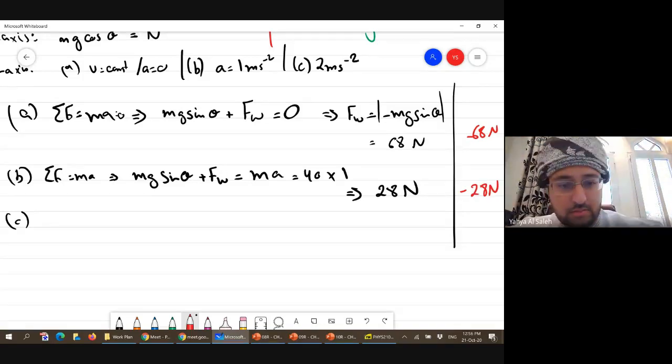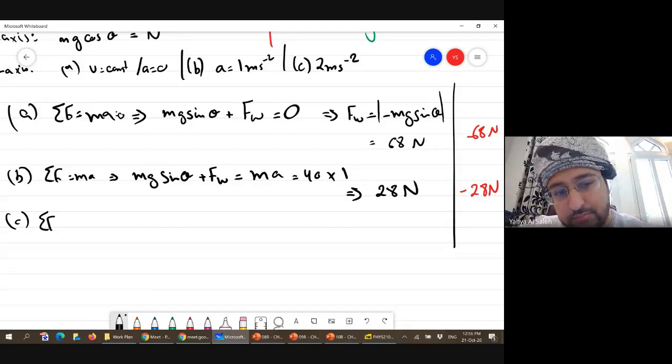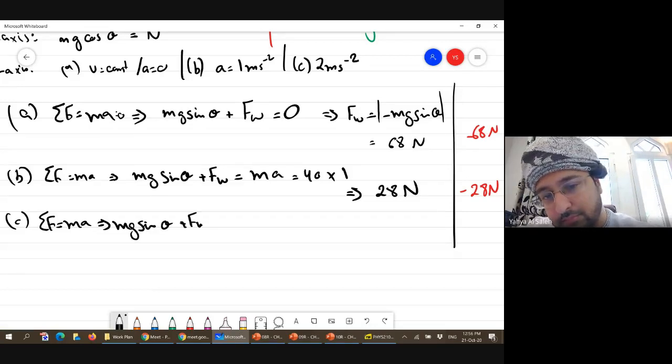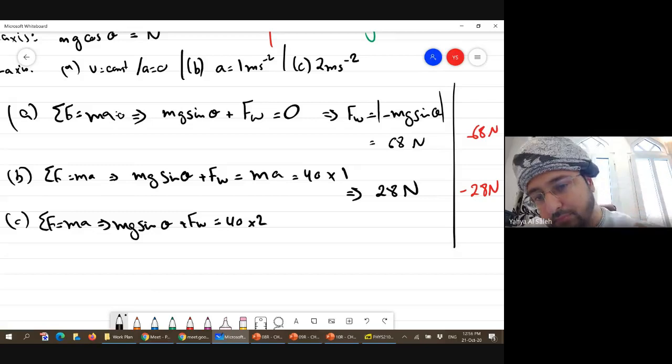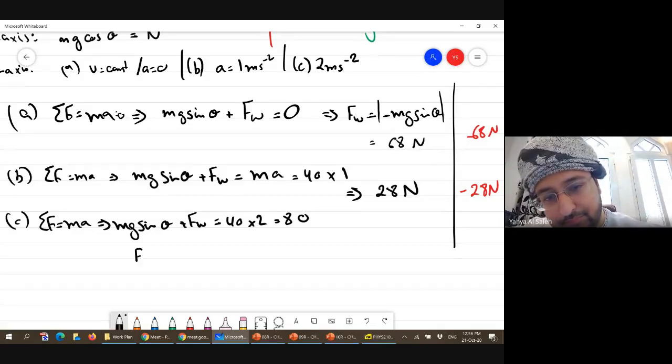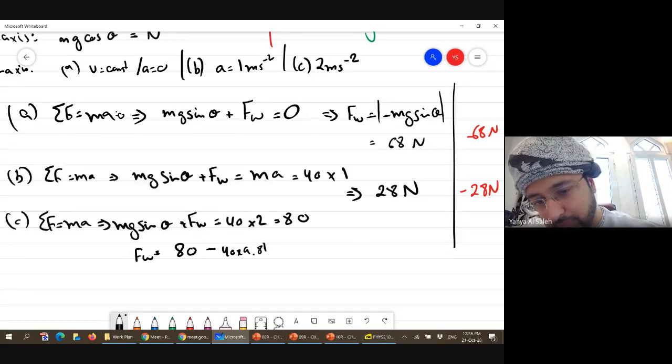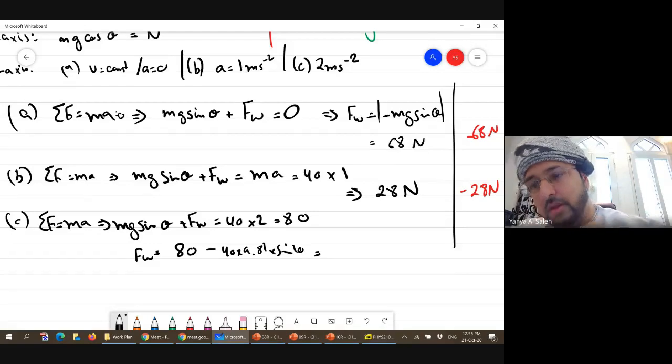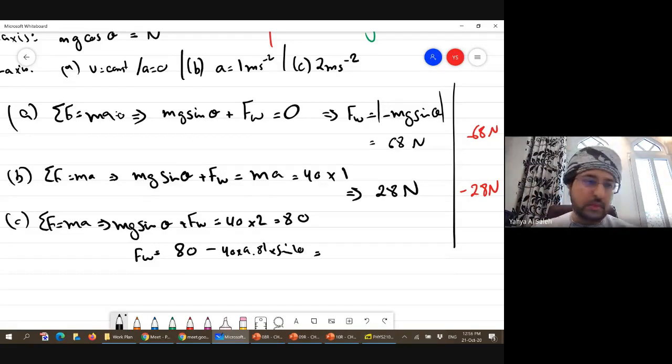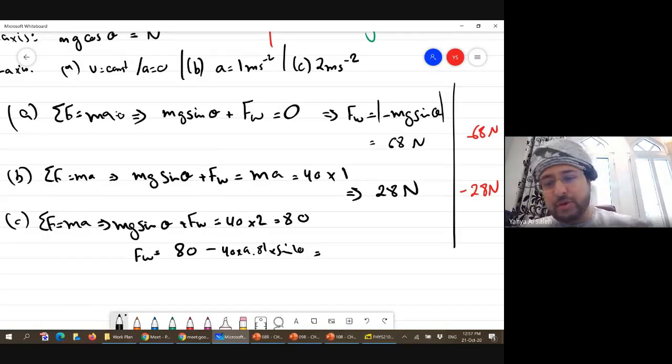And for case C, doing the exact same thing, I will get minus 11 point something, minus 12. So minus 11.9.